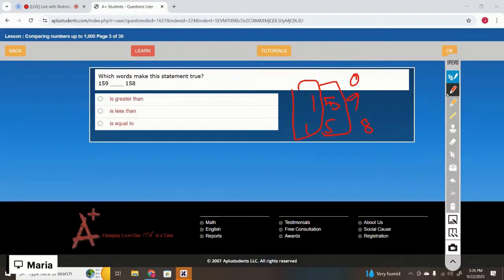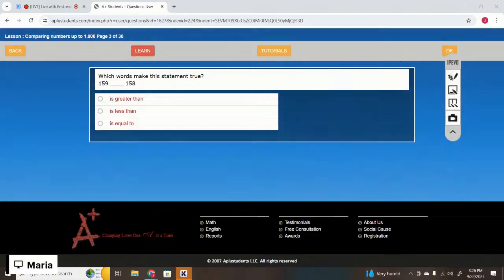Now look at the digit at the lowest place value. 9 is greater than 8. So 159 is greater than 158.